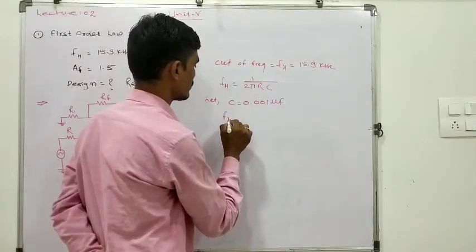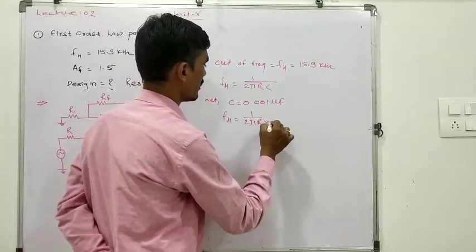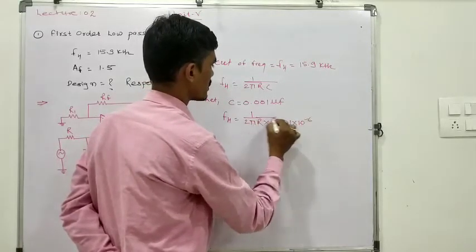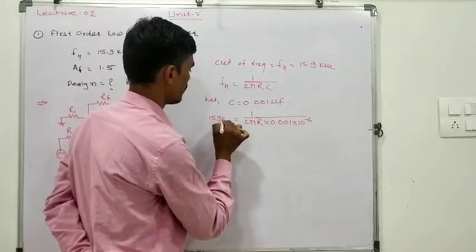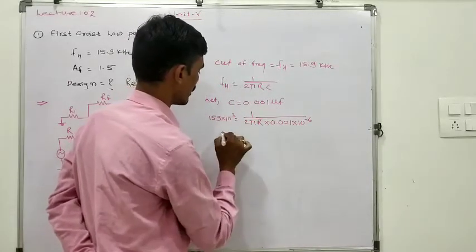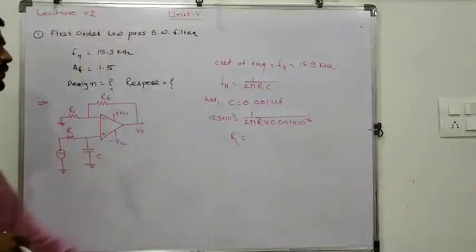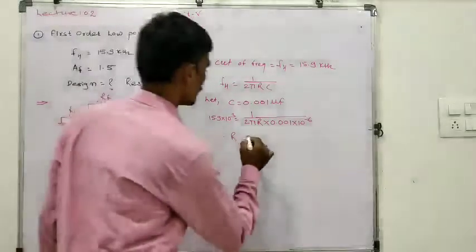So FH becomes 1 upon 2 pi R into 0.001 into 10 raised to power minus 6. FH is 15.9 into 10 raised to power 3. Therefore R we can easily find out. When we put the value of pi, we get R equal to 10 kilo ohms.